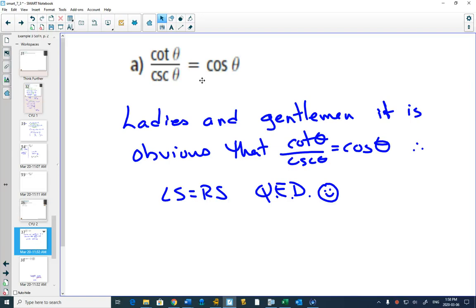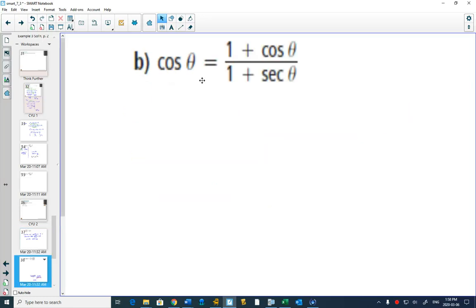A, B, C, D. Yep, the answer's there. So that isn't quite enough for a proof. Anytime you skip one, I go, oh, obvious, right? As soon as you look at it, it screams cos like crazy. So you have to show your work.